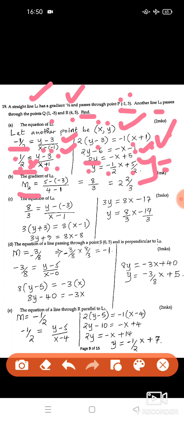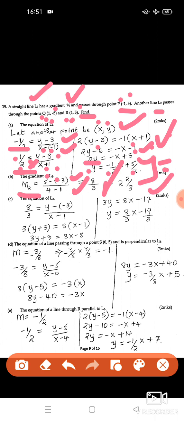So we are having the line passing through Q and R. So we will have change in y, 5 minus negative 3, divided by change in x, 4 minus 1. So this becomes a plus, 2 negatives following one another. So 8 out of 3, which can be expressed as 2 and 2/3. So that is the gradient.